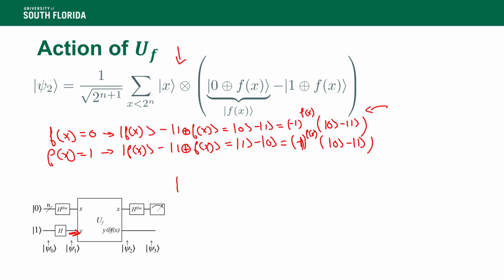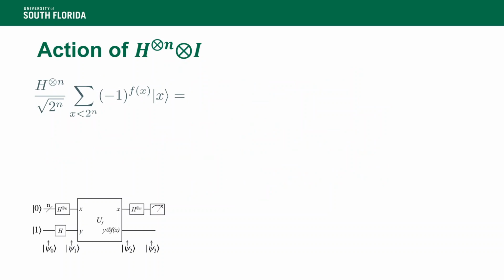So psi2 can be rewritten as 1 over square root 2 to the n plus 1 times the sum over x strictly less than 2 to the n of minus 1 to the f of x times x, tensored with 0 minus 1, the state of our last qubit.